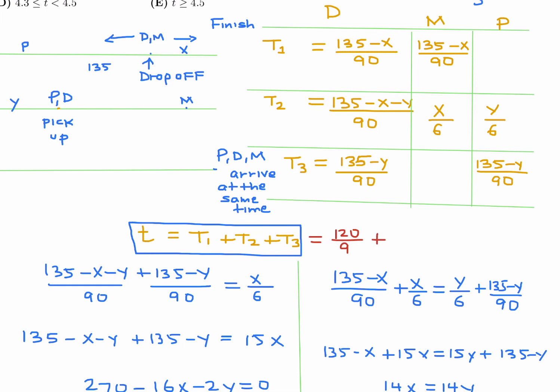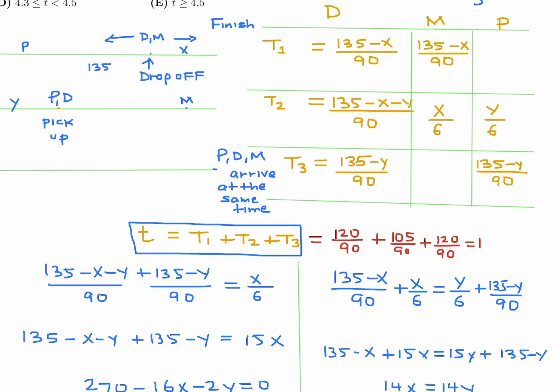T2 is this, 135 - x - y. Well, x and y are both 15, so it's 135 - 30, so 105/90. And then finally, this guy, 135 - y, so that's 120/90, since y was 15.